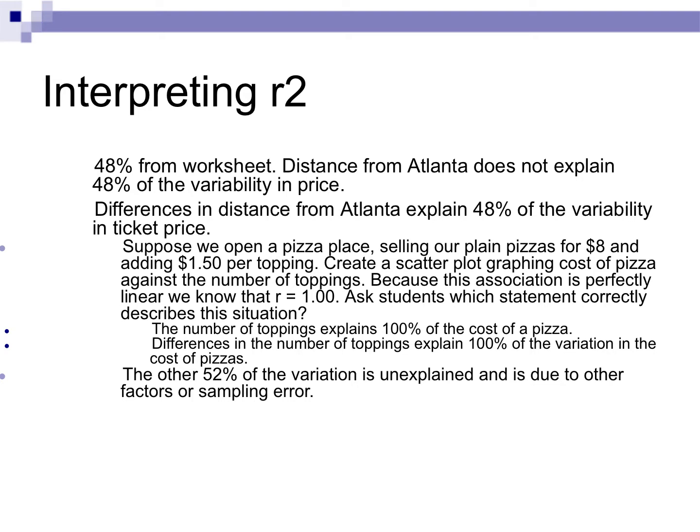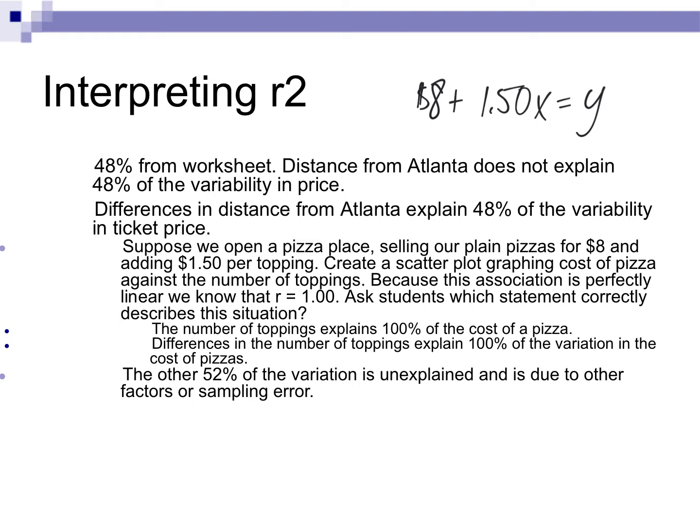If you go to a pizza place and they charge you $8 plus $1.50 per topping, that has an algebraic relationship with an r of 1, because it's a perfect line, and an r squared of 100%. But 100% of the variability in price is not explained by toppings.